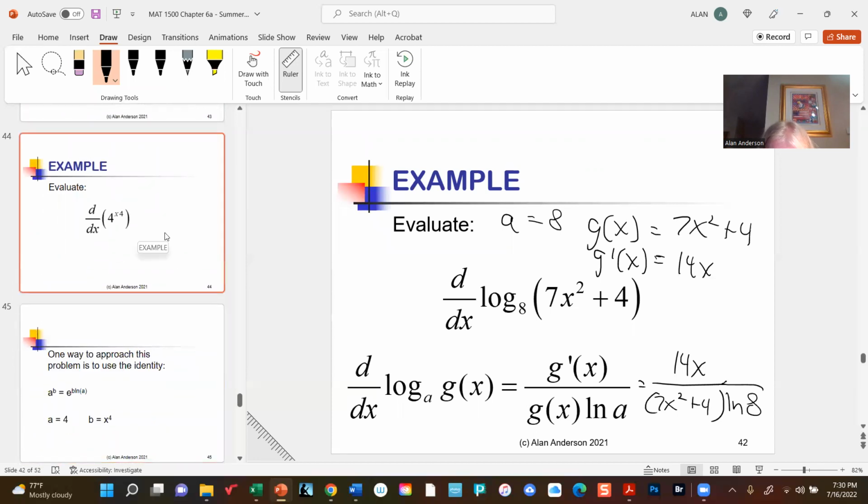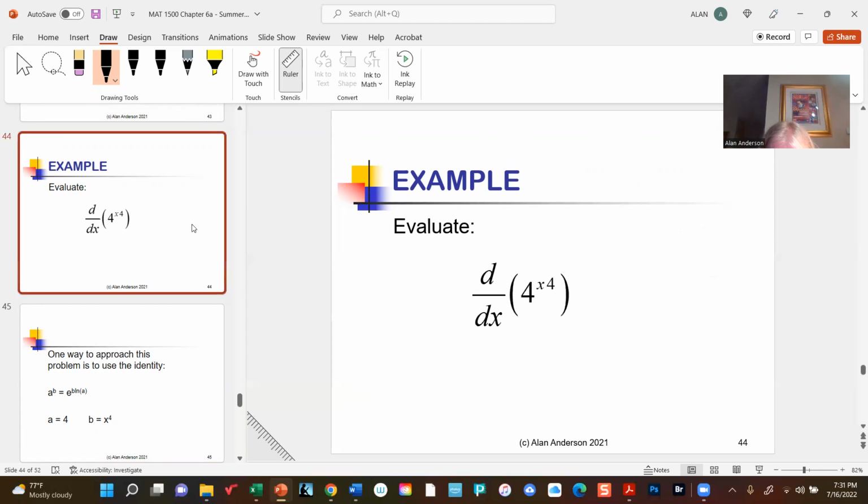Now, this next one is really a bit of a challenge because there's an identity involved here. Very interesting identity. Oh, 4 to the x to the 4. What are we supposed to do with that one? Well, here's what we're looking at.